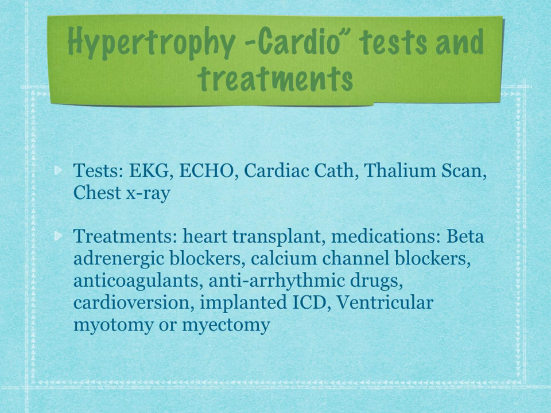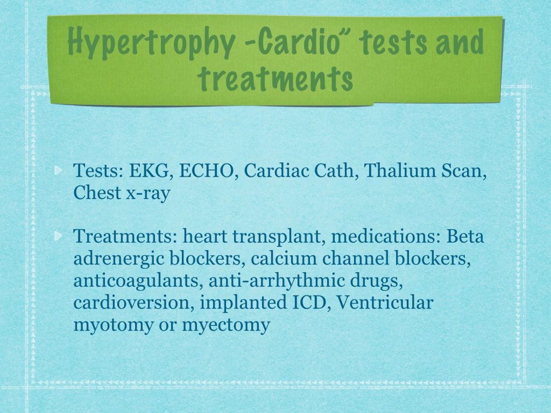A thallium stress test is actually a nuclear imaging test that shows how well the blood flows into the heart during exercise and at rest. Radioisotope material is given to the patient intravenously. It settles into the heart muscle and can show spots that are abnormal. So that is what happens in a thallium scan.